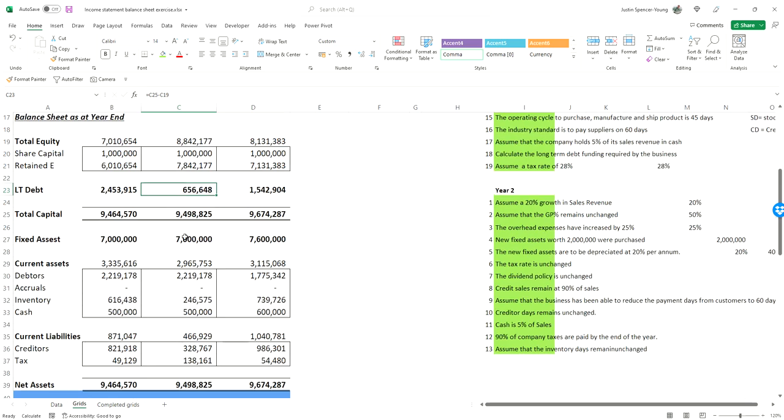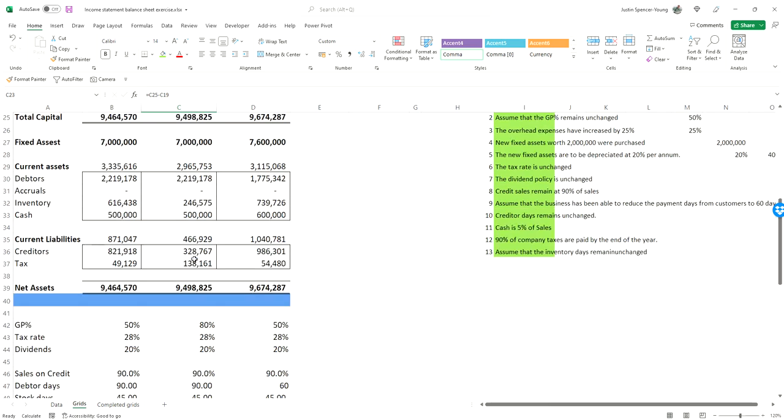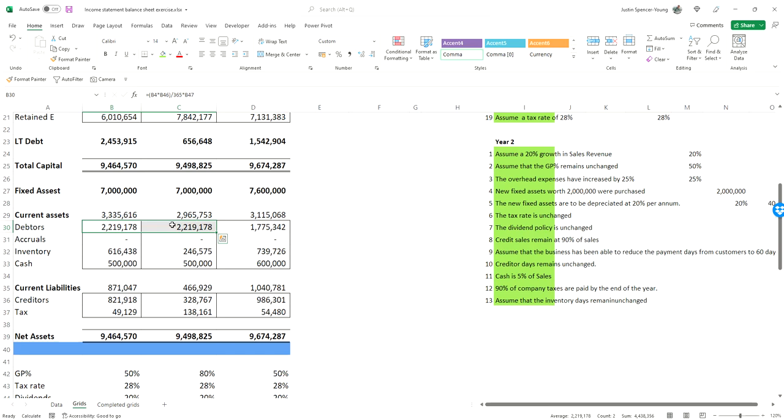And then when we come down to the bottom half of the balance sheet, what's changed here? Well, certainly the assets haven't, because there's no change in the depreciation policy. The debtors haven't changed because it's the same amount of sales. It's customers taking 90 days to pay. The cash hasn't changed because that's a percentage of sales.